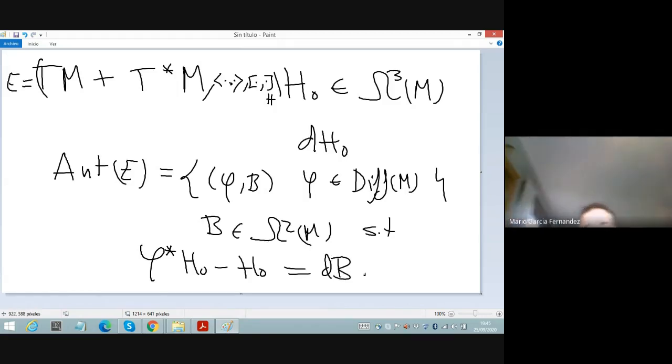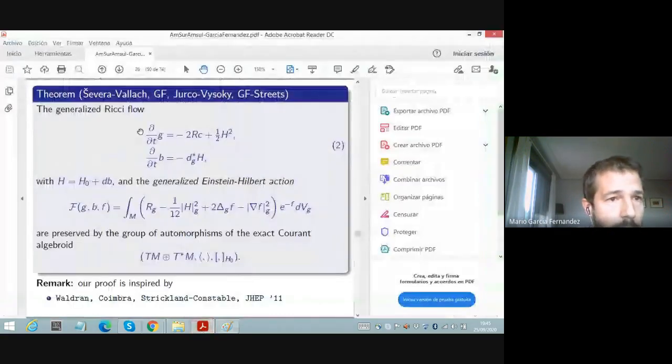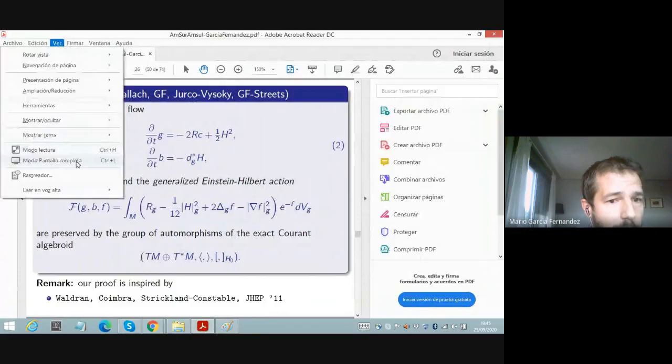So this is the description of this automorphism group. It's not so obvious that this thing is acting, preserving all this structure. I didn't tell you how it acts on generalized metrics, but let me skip that.